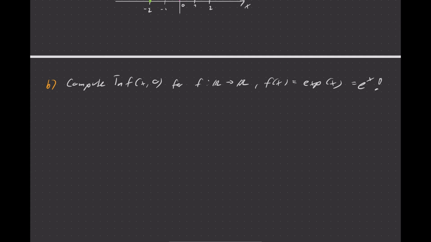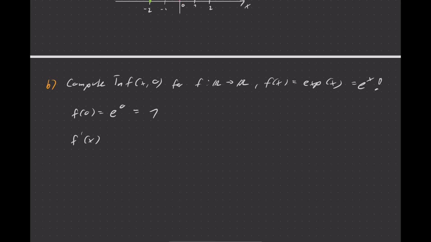Now what we have to do is evaluate the function at the center point x equals 0, and then compute the derivatives of the function and evaluate those. So first we compute f at 0, which is e to the power of 0, which is 1. Then we need to compute the derivatives.